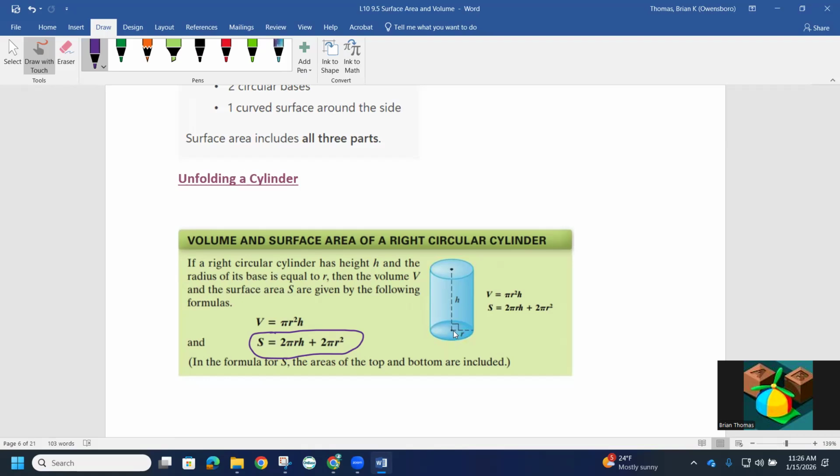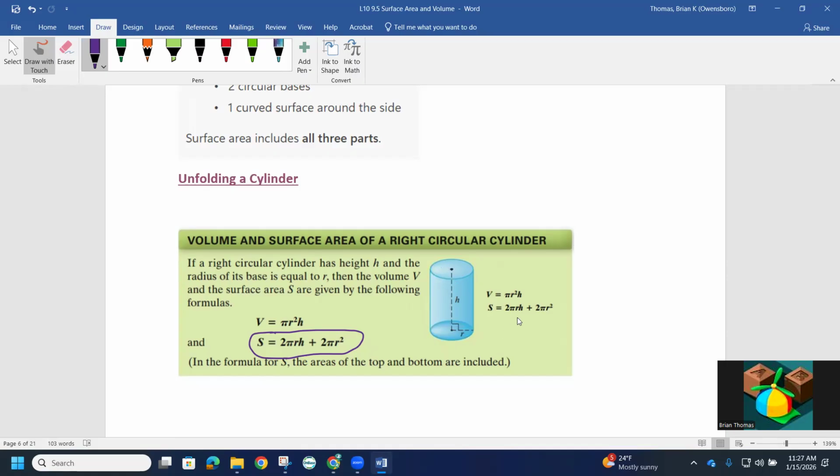And notice how the radius is the distance from the center of the base out, or from the center of the top out. So if we know those two dimensions, and like I said, if we know the area of a circle, we're halfway there.